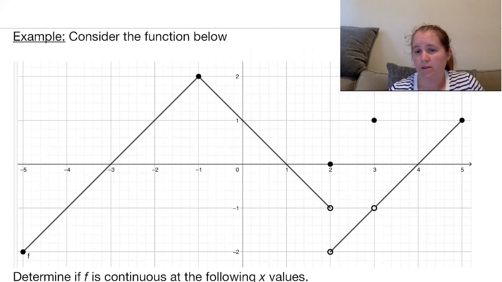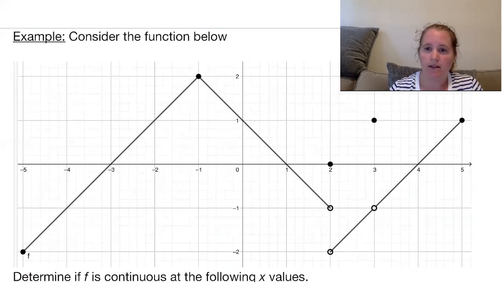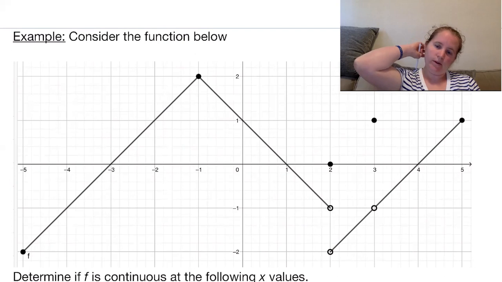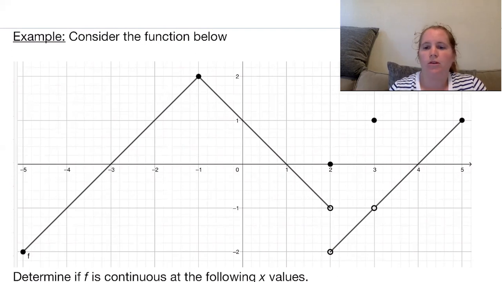There's an open circle there, open circle at 2, -2. And then we run from there straight up to the point 5, 1. But there is an open circle on that line at 3, -1. And then we have our closed points at 2, 0 and 3, 1.